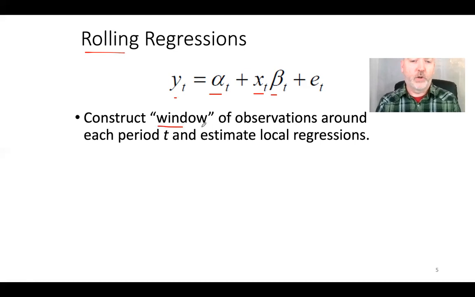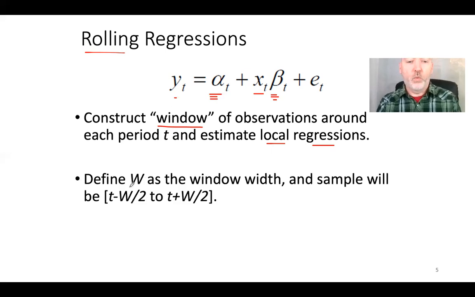So what we're going to do is run a model with a subsample at each point in time, get the coefficients, and then roll that sample over one period into the future. The same number of observations will be estimated. We'll get these local regressions that will then allow us to plot out how those parameters, or at least our estimates of those parameters, change throughout the sample.